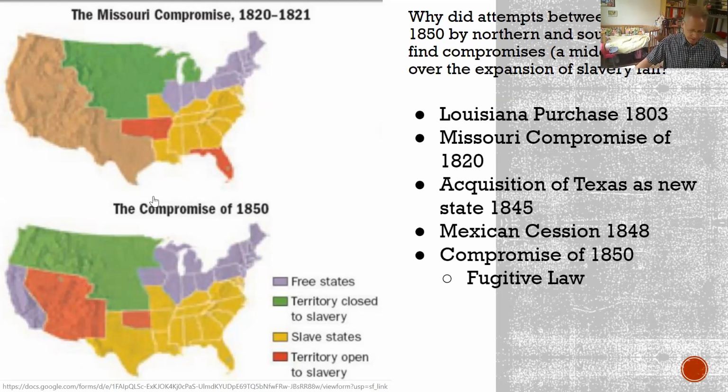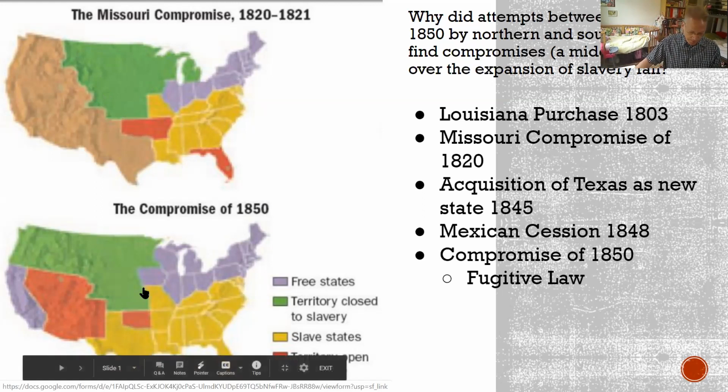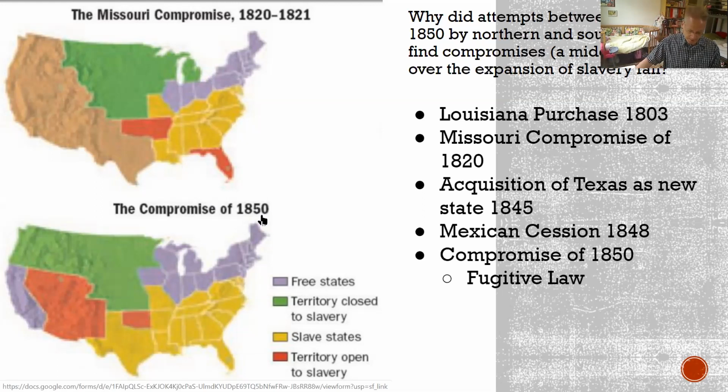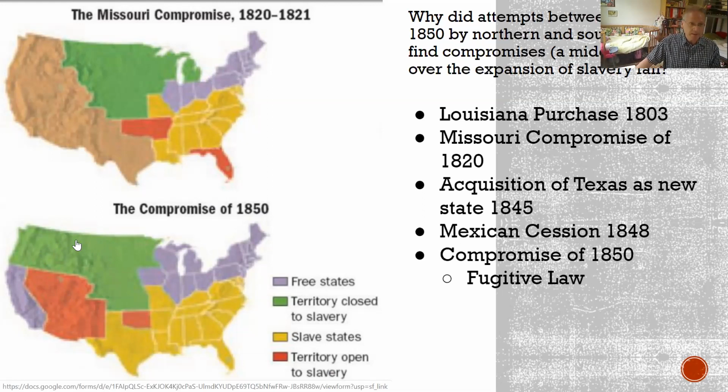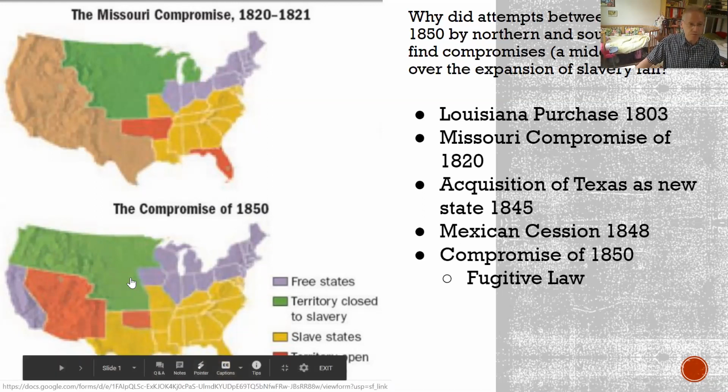However, we see here when we examine the historical map and compromise in 1850, that pretty soon, 30 years later, a new compromise had to be struck. And that was because of the acquisition of Texas in 1845 as a new state, and then especially the conquest of Mexico, of a huge territory known as the Mexican Cession in 1848. These new territories revived the question of slavery.